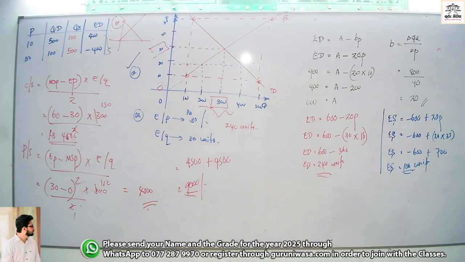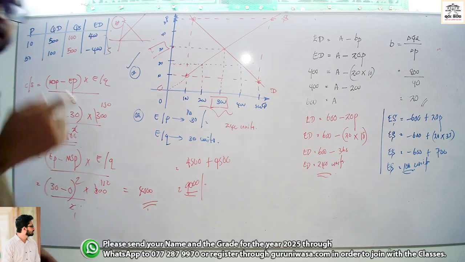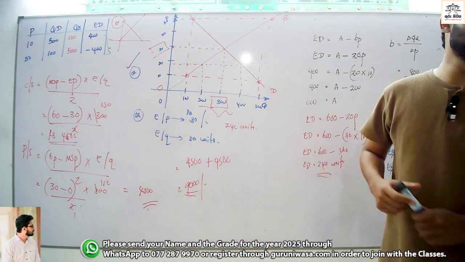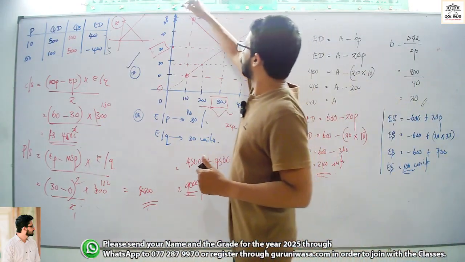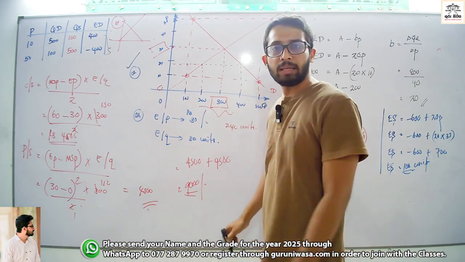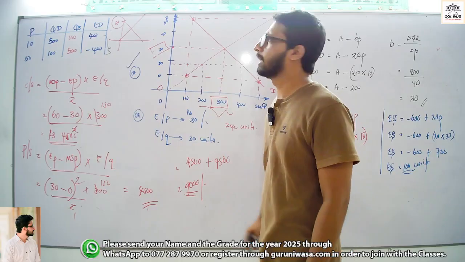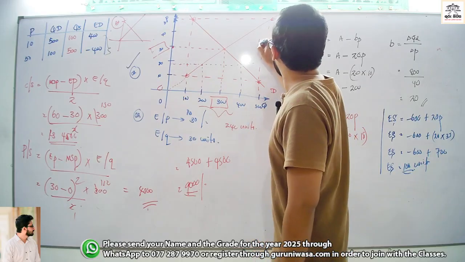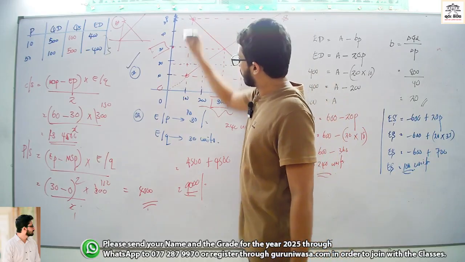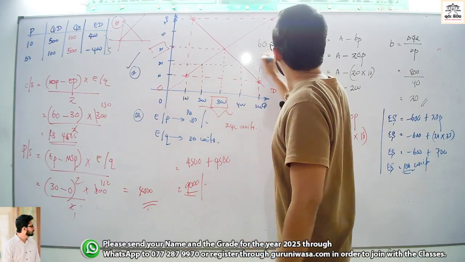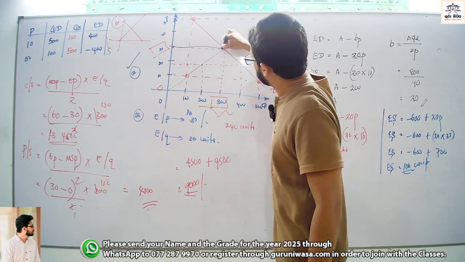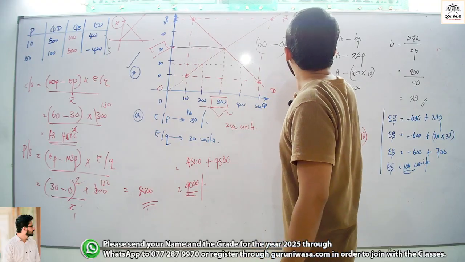Any doubt? Or you can straight away calculate economic surplus. Directly you can calculate the economic surplus as the area of the whole triangle. Here the maximum demand price is 60 minus 0, into this quantity 300, divided by 2.